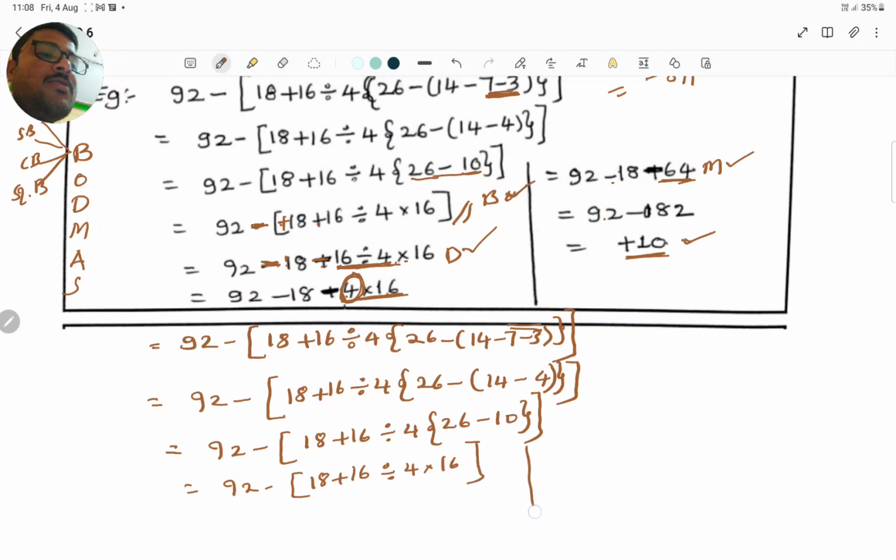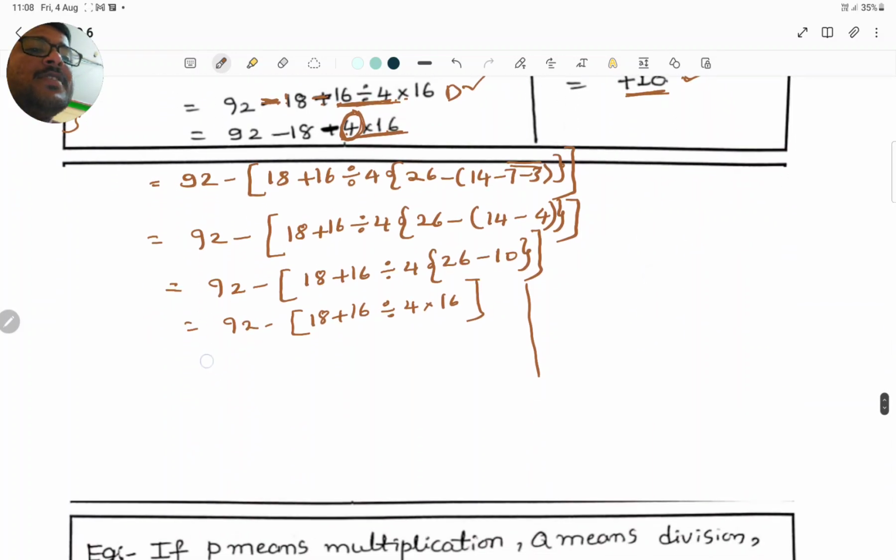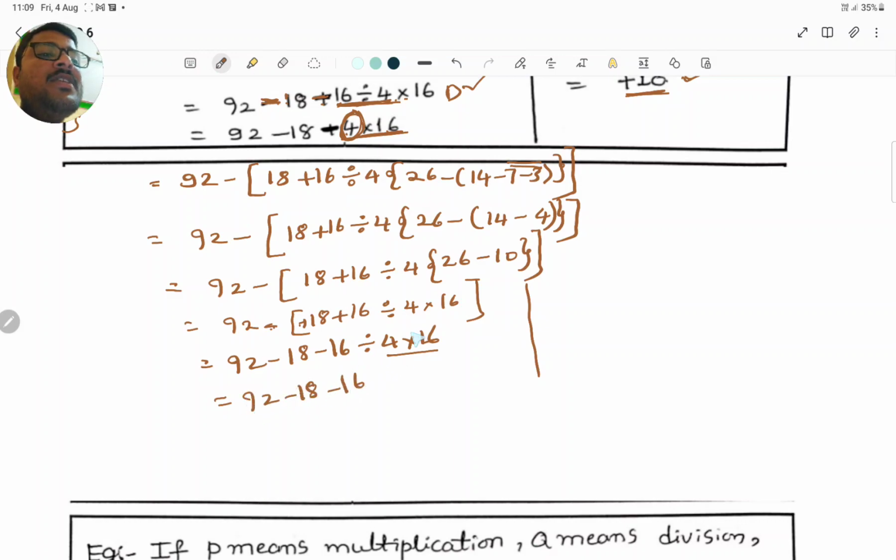Now here we can do two types. First one is 92 minus, multiply with minus 2 bracket, minus here plus, minus into plus minus 18, minus into plus minus 16 divided by 4 into 16 as it is. Next, multiplication: 92 minus 18 minus 16, sorry, division is there before multiplication.